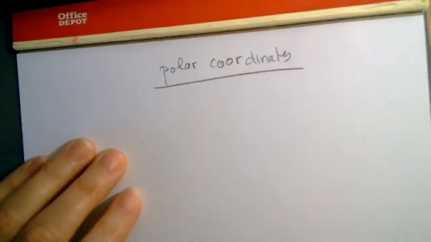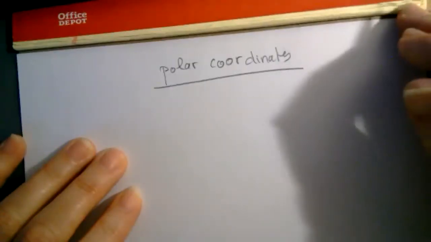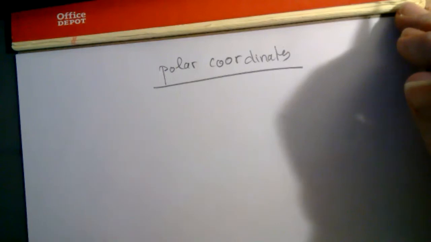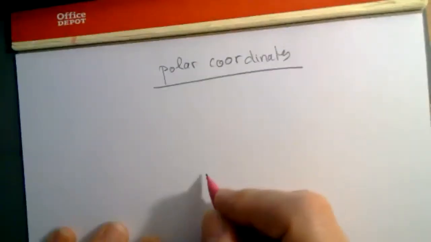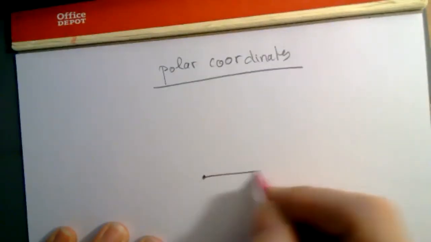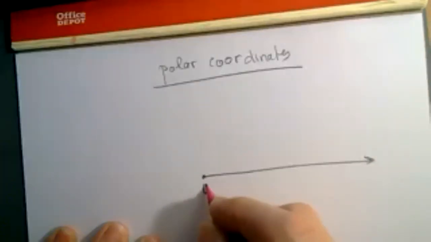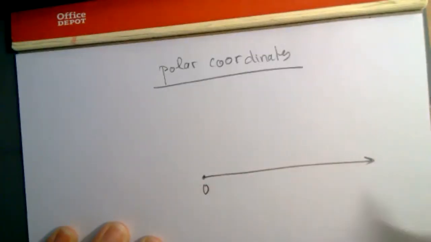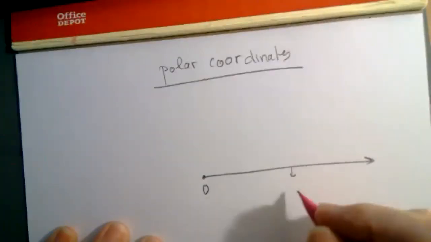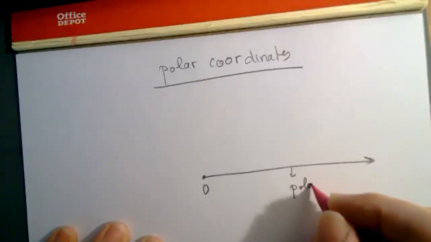That will be extremely useful to represent some regions in the plane, which I will definitely point out today. So our basic definition was we took a point, we call it a pole, and we took a line that is the same as the positive x-axis, and it's called the polar axis.